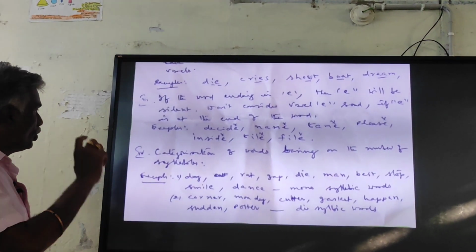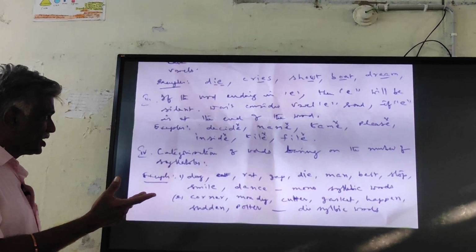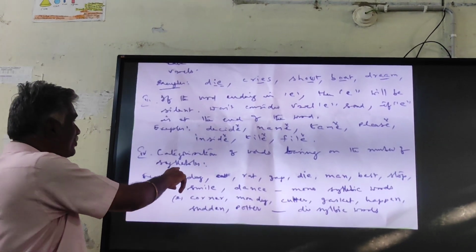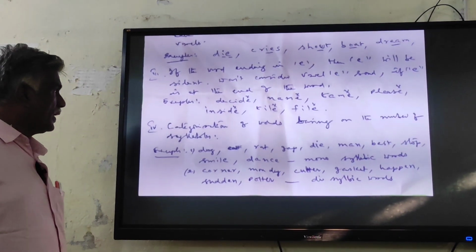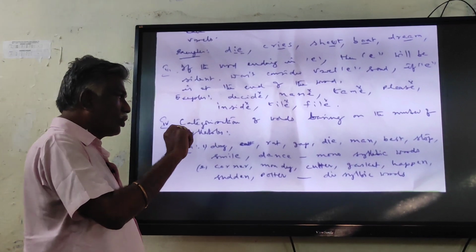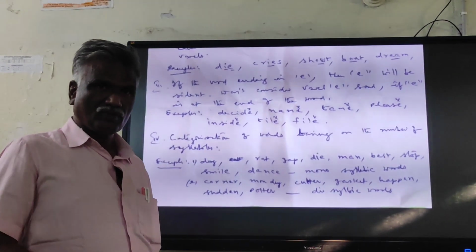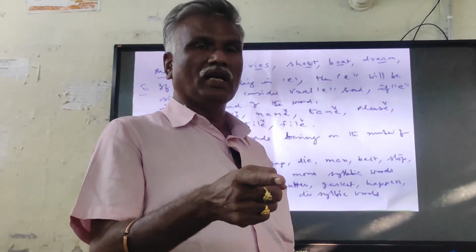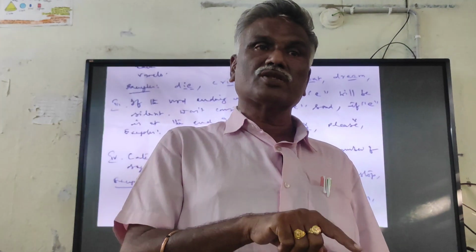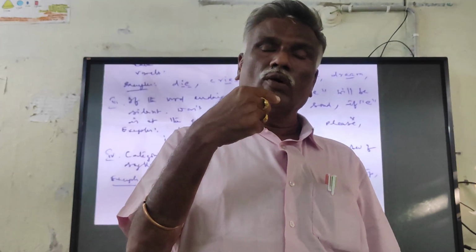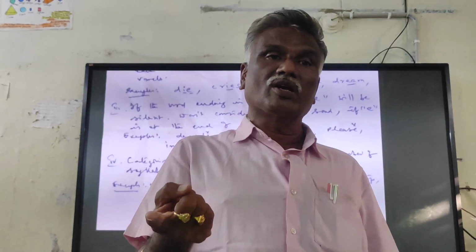The fourth rule is categorization of words based on the number of syllables. For example, monosyllabic word, disyllabic word, trisyllabic word. If a word has one syllable, it is called a monosyllabic word. When it has two syllables, it is called a disyllabic word.